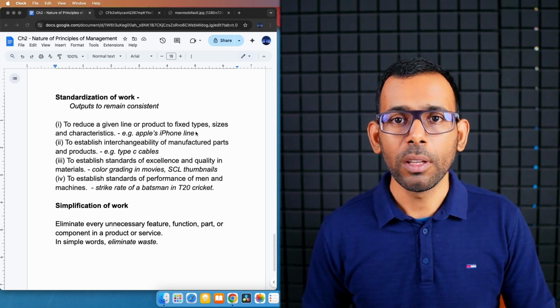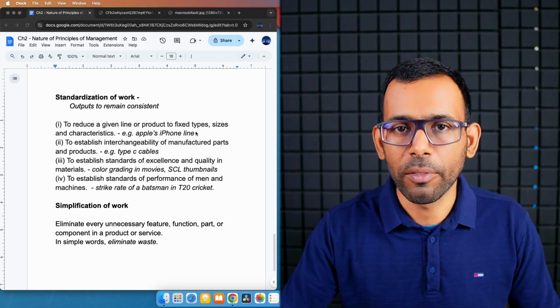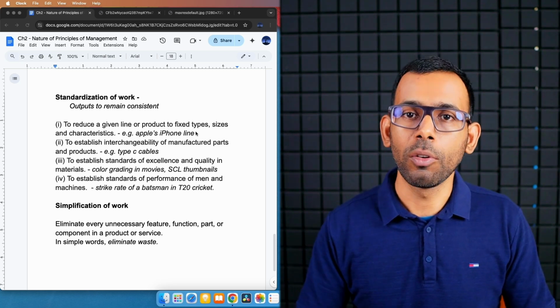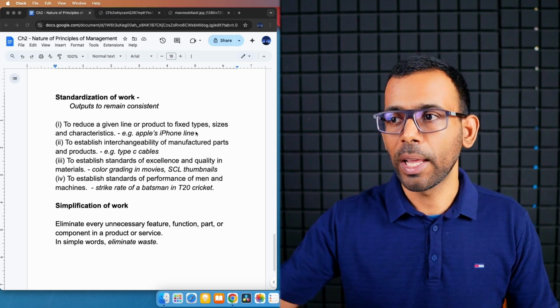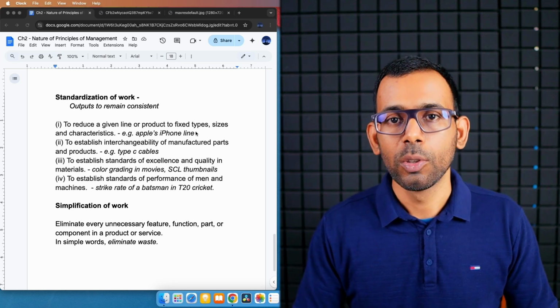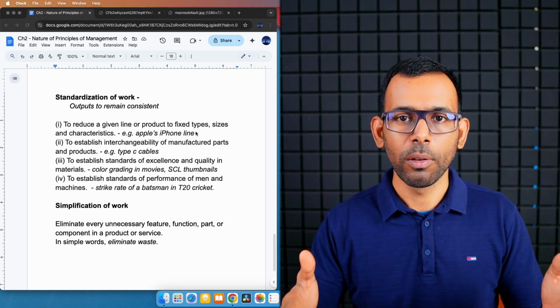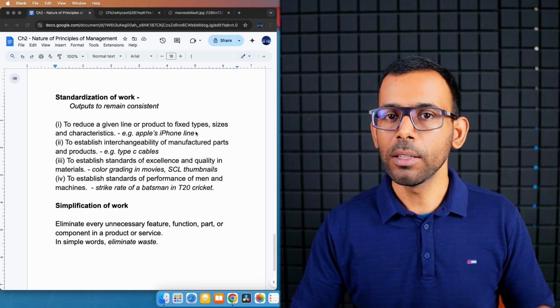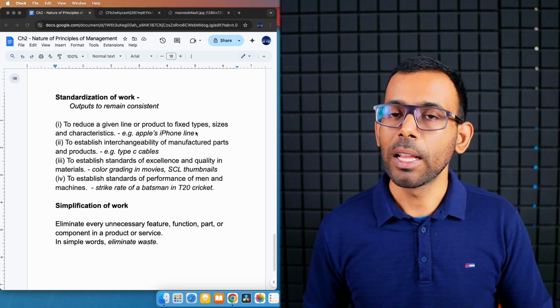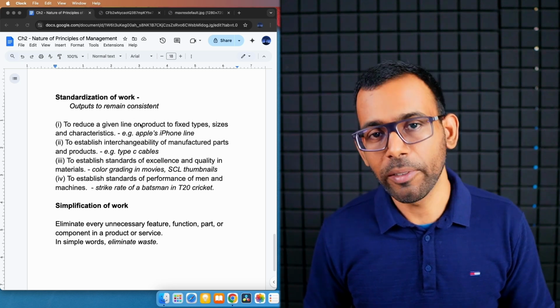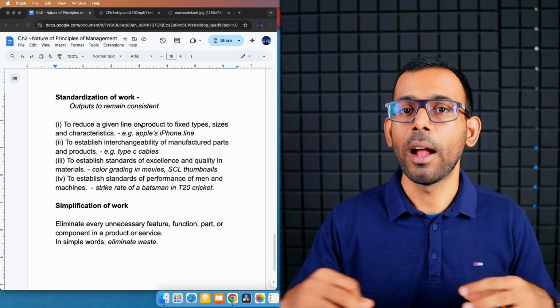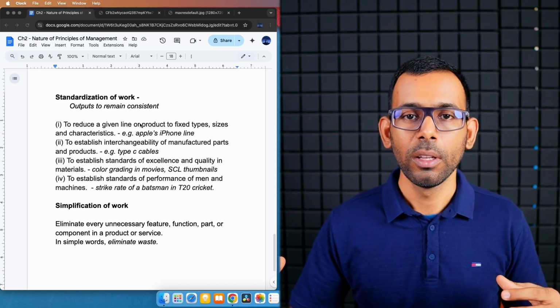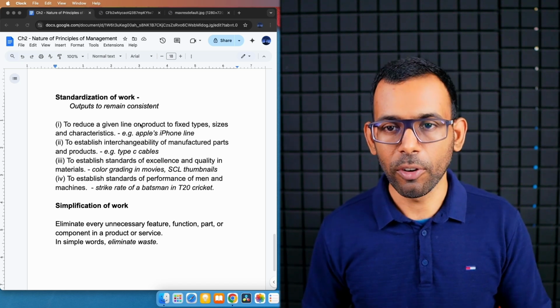But what happens if extreme customization is available? Then Apple will lose control of how many different types of variants there are. So if you keep it within 3 to 4 possible colors, then it is manageable. So that is another aspect. To reduce a given line, don't extend the line unnecessarily or beyond your control. So that's the first point.